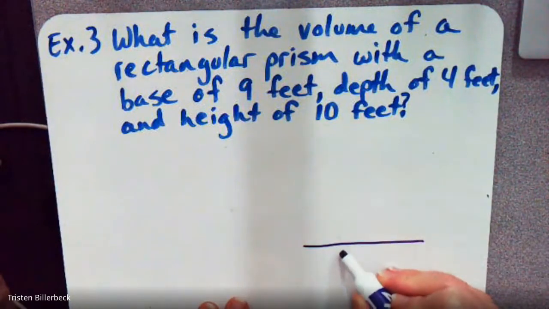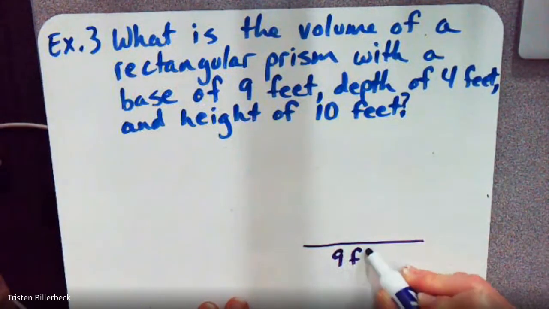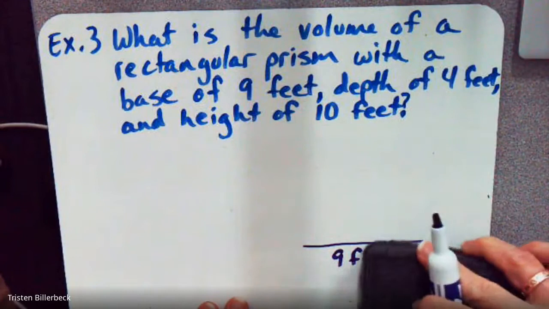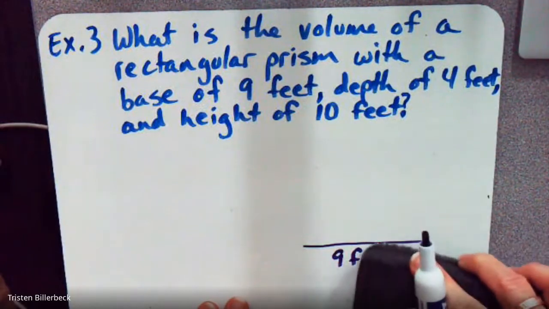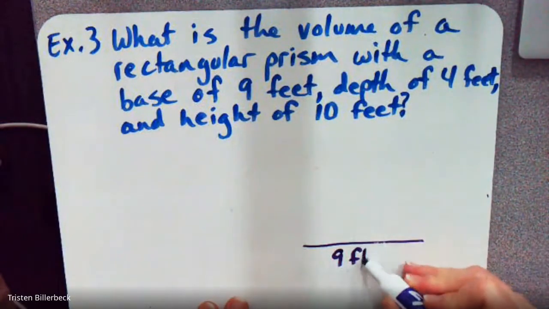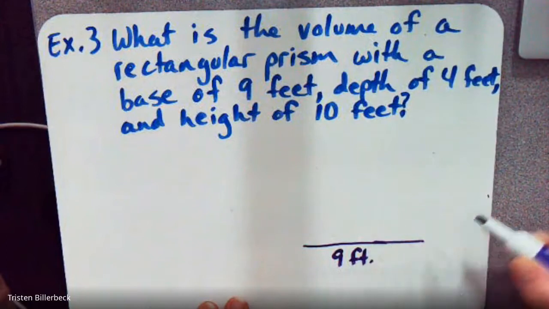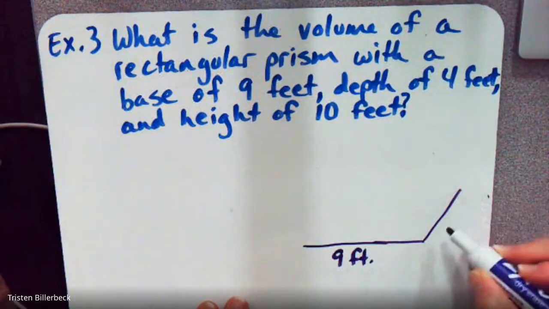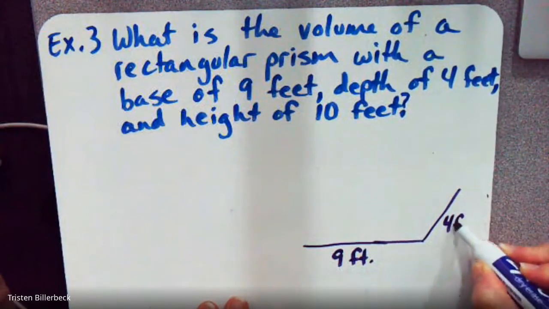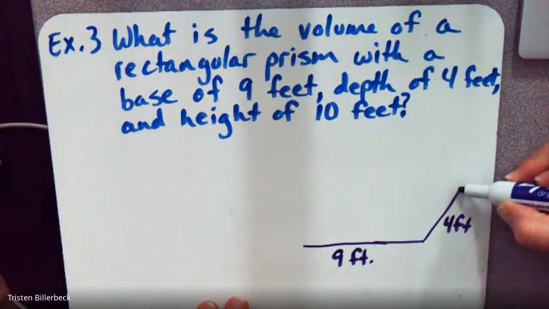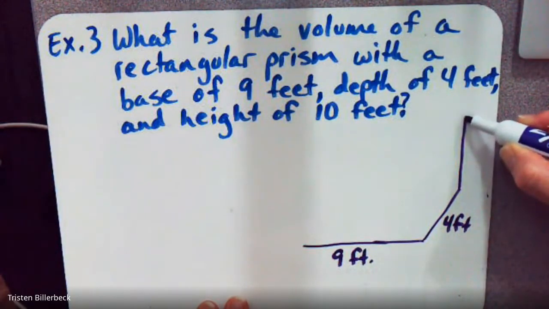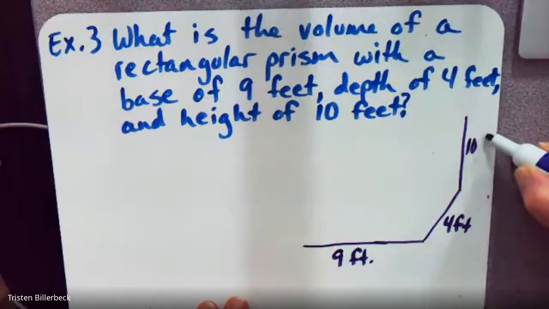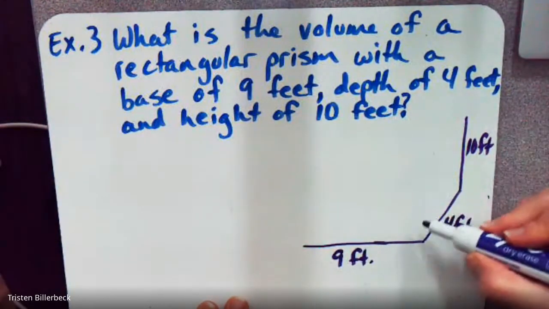So the base is 9 feet, and we can abbreviate feet as FT. Okay, the depth, how deep does that go, is 4 feet. And then the height is 10 feet. So this won't be to scale or even close to it.